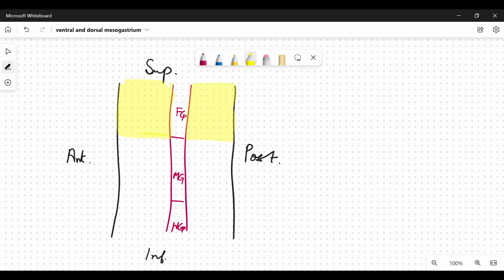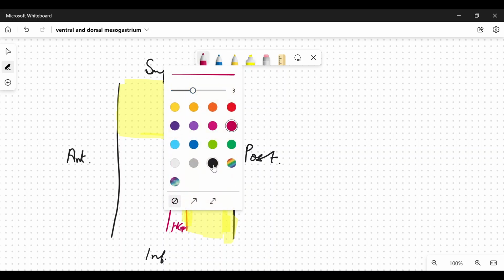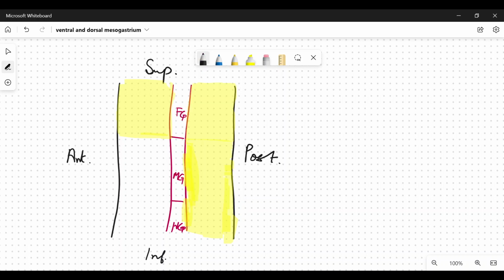Whereas the midgut and the hindgut are connected only to the posterior abdominal walls. So the structure that connects the foregut to the anterior abdominal wall is called the ventral mesogastrium.